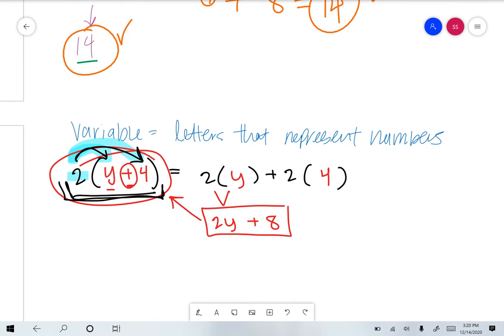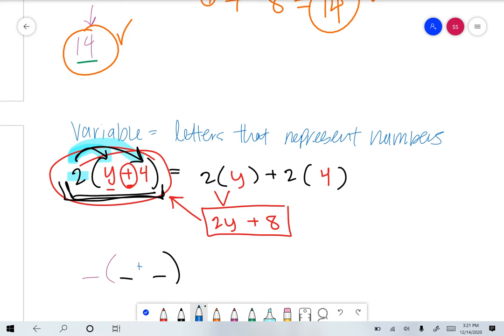And the gist of this, and I'm trying to emphasize this as much as possible, is not necessarily to be able to distribute right now, but I want you to be able to recognize when distributive property is happening. And that would be whenever there is something outside of parentheses that you are multiplying to everything inside the parentheses.